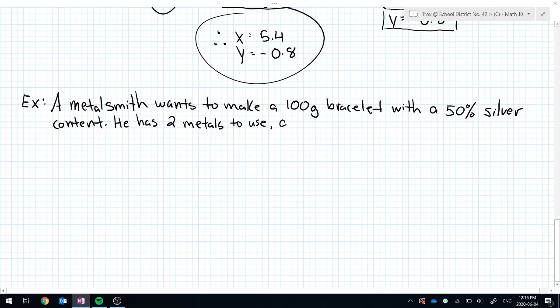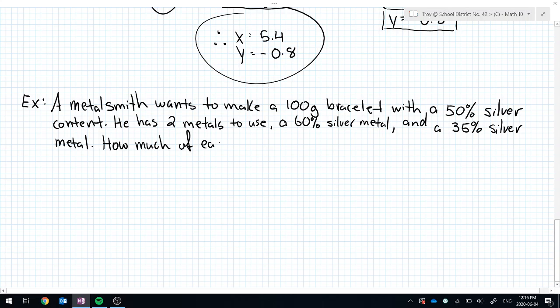A 60% silver metal, which of course is too high, and a 35% silver metal, which of course is too low. And the question is, how much of each should he use to make the 100-gram bracelet?